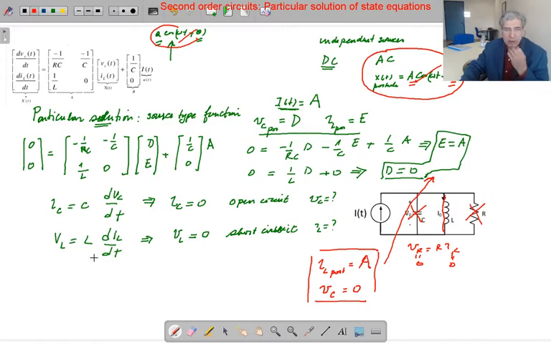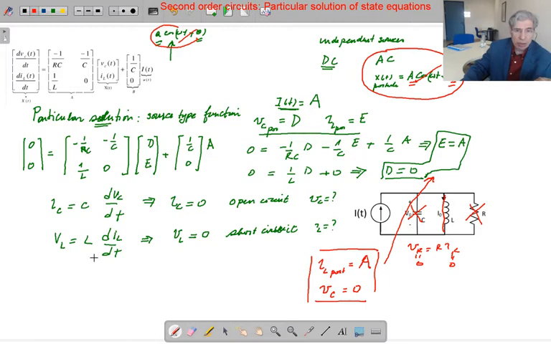The conclusion is this. If you are looking for the particular solution in a circuit where the independent sources are DC, you can directly use this circuit and calculate the element currents and voltages, which are the particular solution. How are we going to do it?